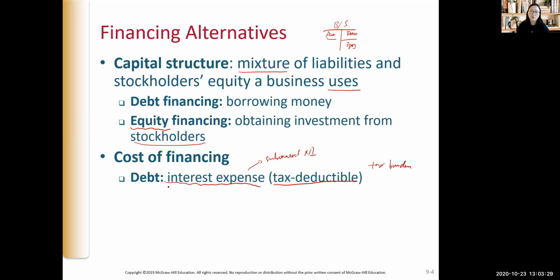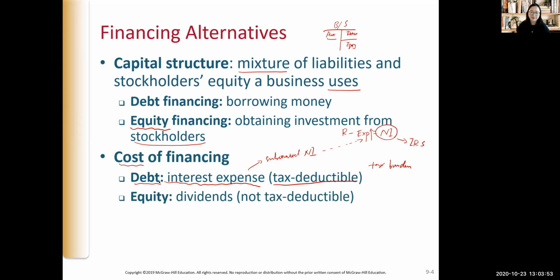The more money you borrow, the more interest you incur, and your revenue minus expenses is your net income. Hence the interest expense is going to increase the expenses. There's less net income to be taxed by the IRS, right? Hence that's the benefit of debt borrowing.